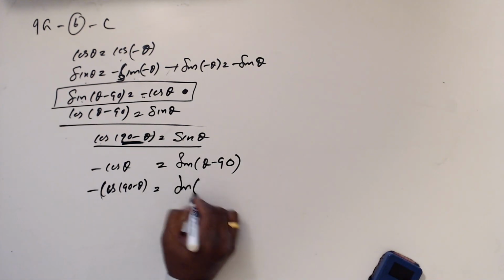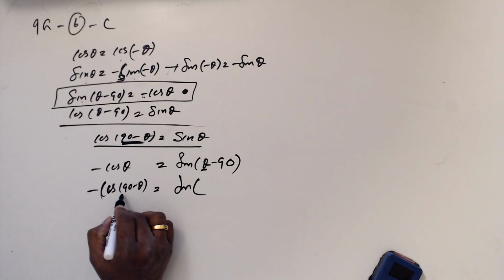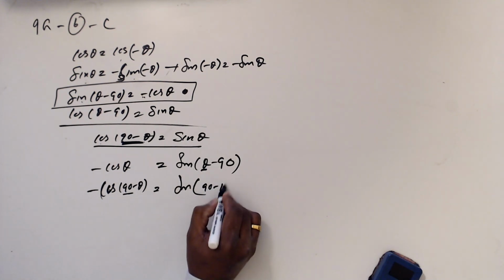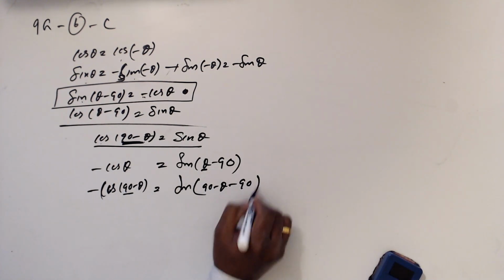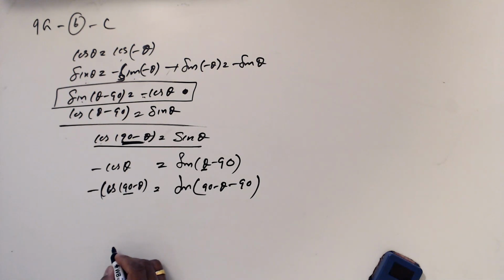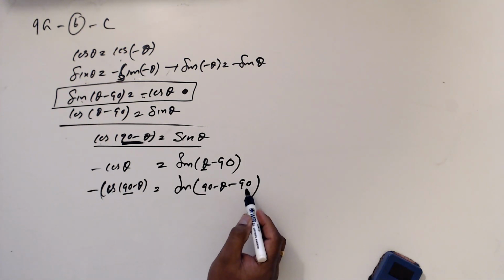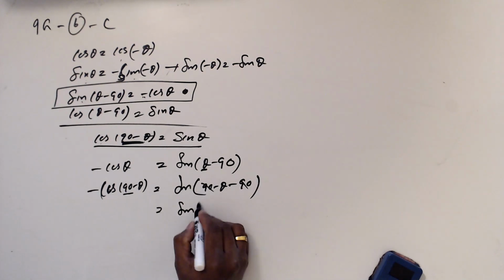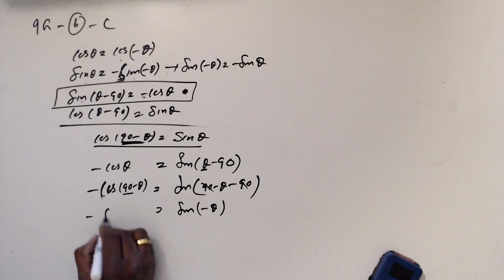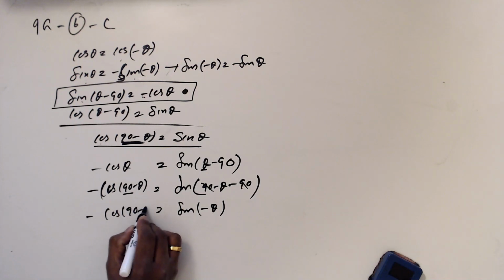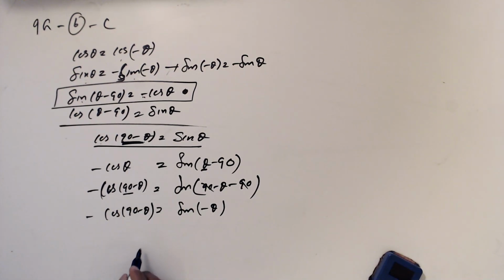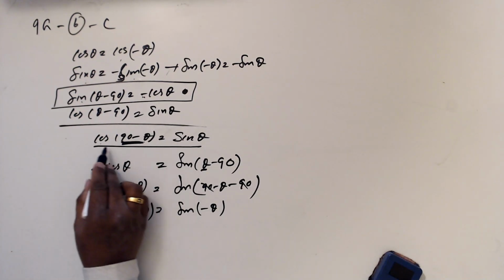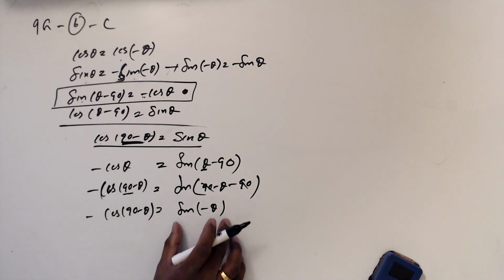Now for sine, instead of theta, I am going to write 90 minus theta and minus 90. Then this is cancelled out. This is going to be minus sine theta equals minus cos 90 minus theta. Now one part is done. I need sine minus theta to become sine theta.